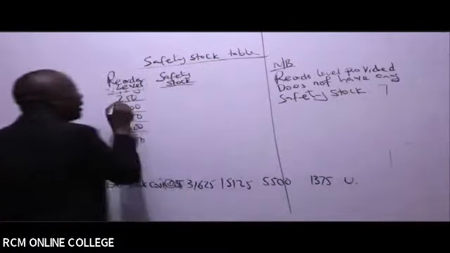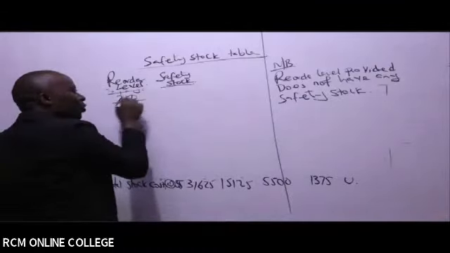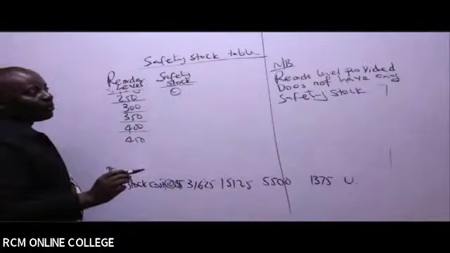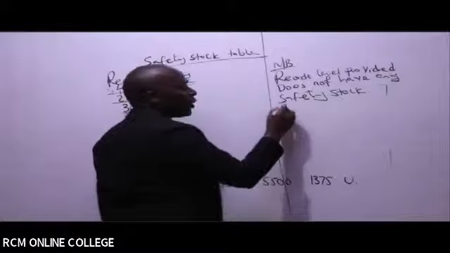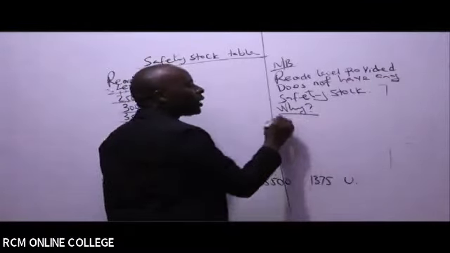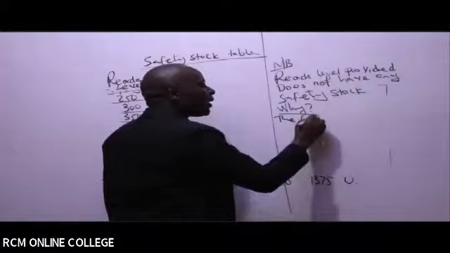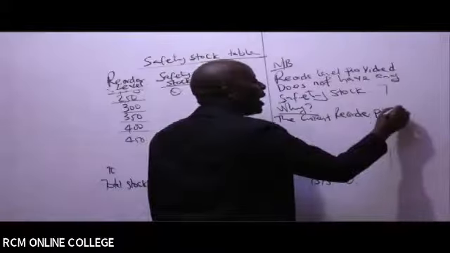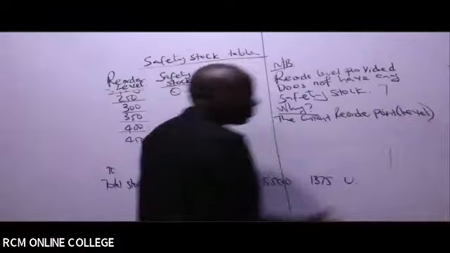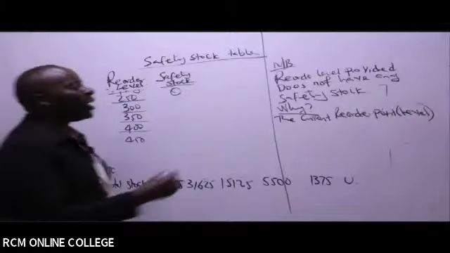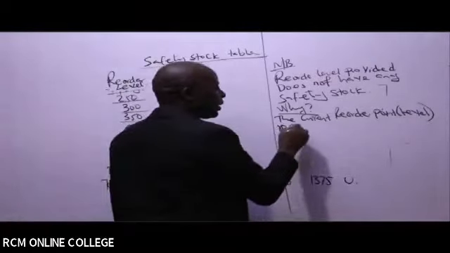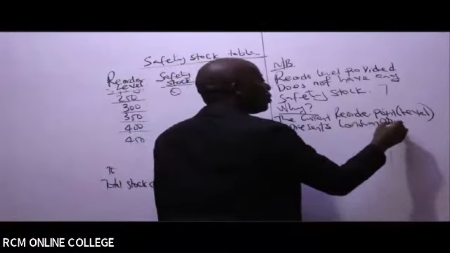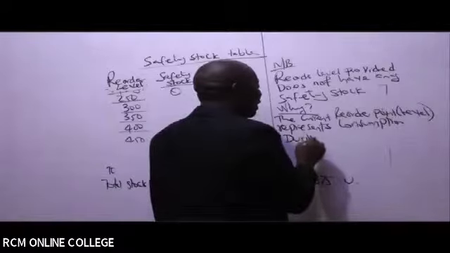So where you are beginning from, safety stock is normally 0. We could ask ourselves why. It is because the current reorder point or reorder level represents consumption during lead time.